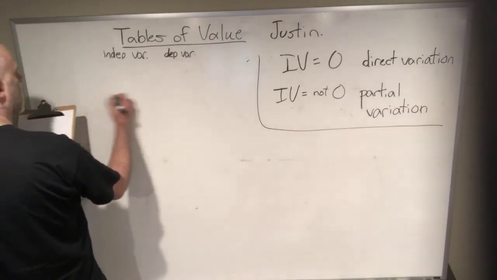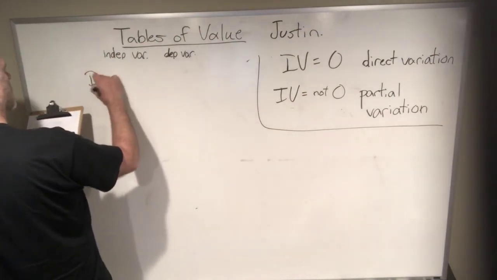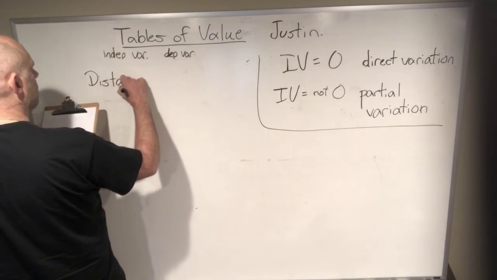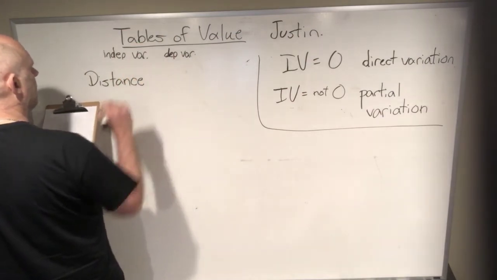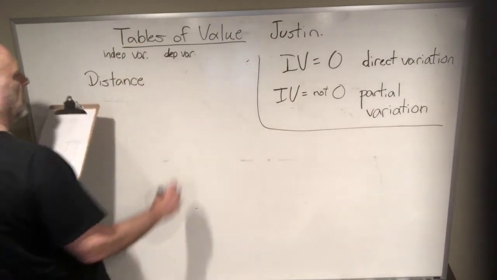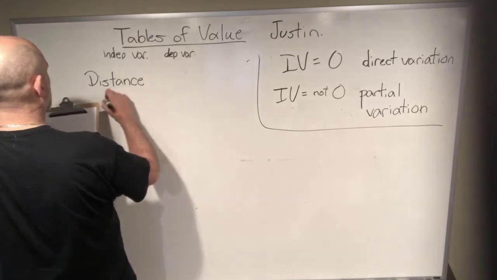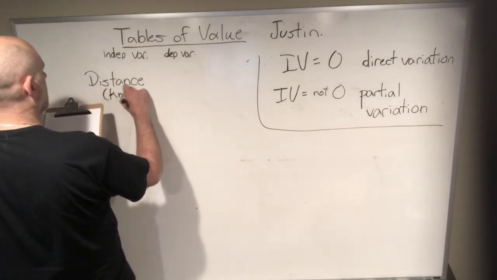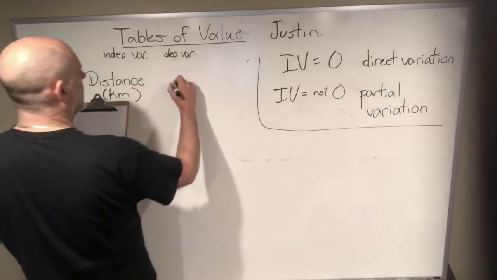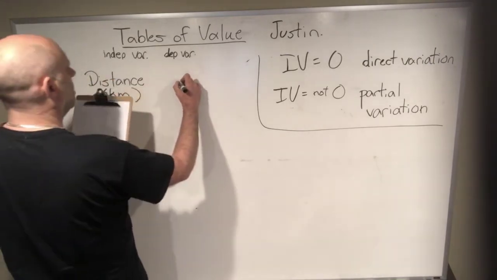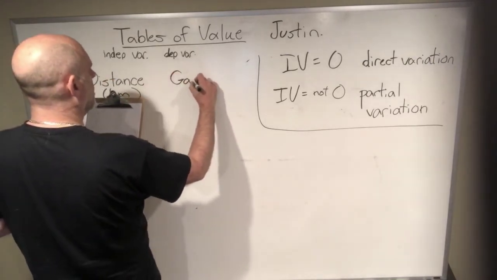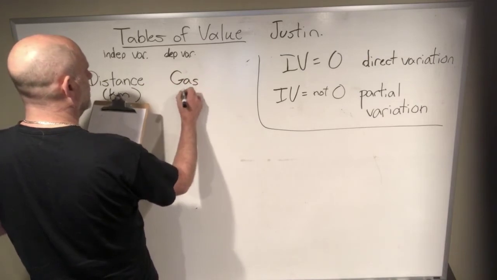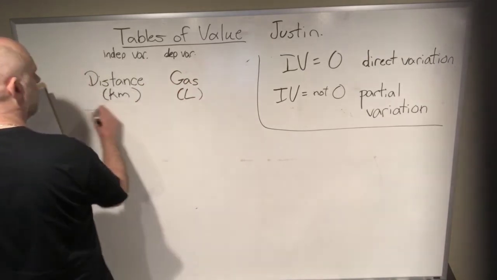Okay, now distance. Here we are in a vehicle, and we're going a certain distance. That's my independent variable. I'm going to look at the distances in kilometers, and I'm going to look at fuel consumption. So how much gas are we burning? Gas, and it's in liters.